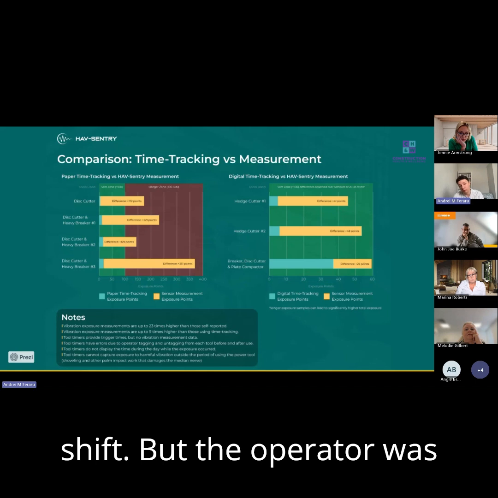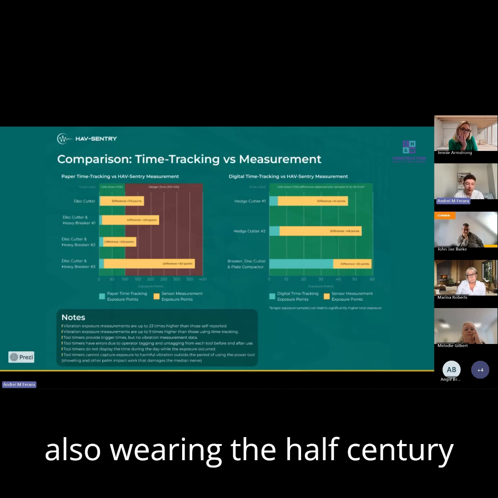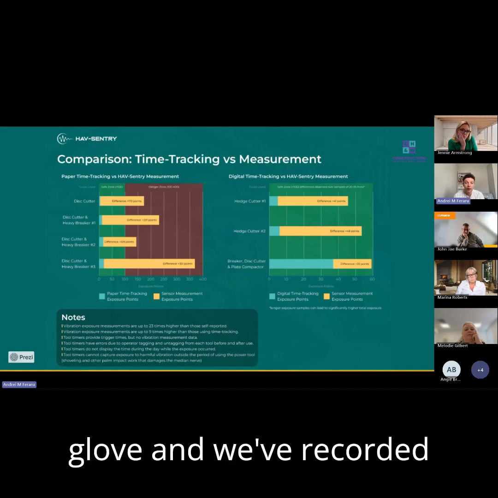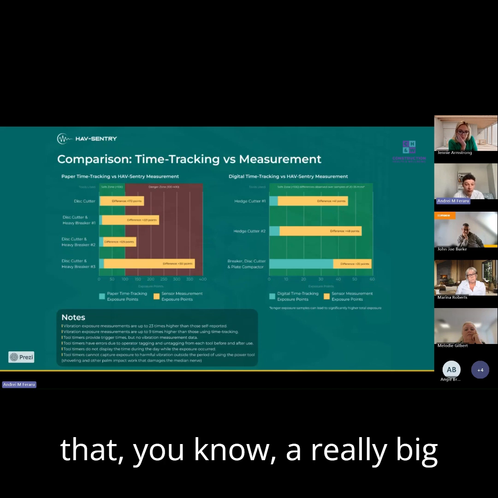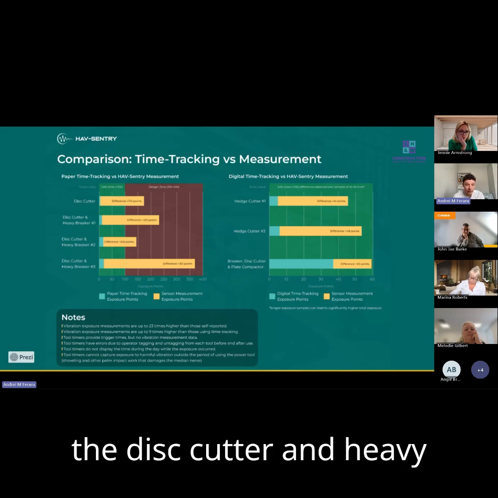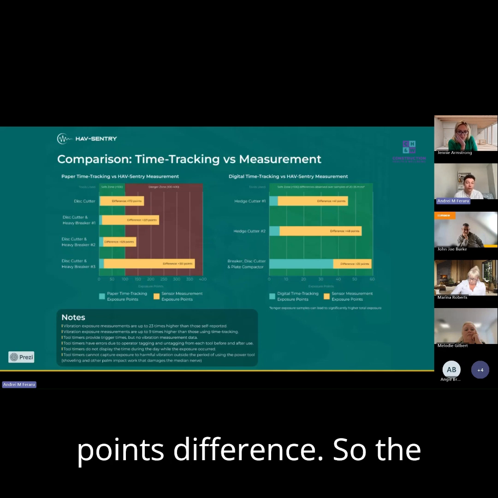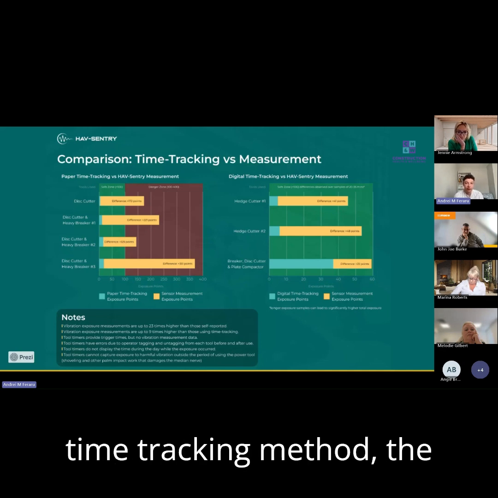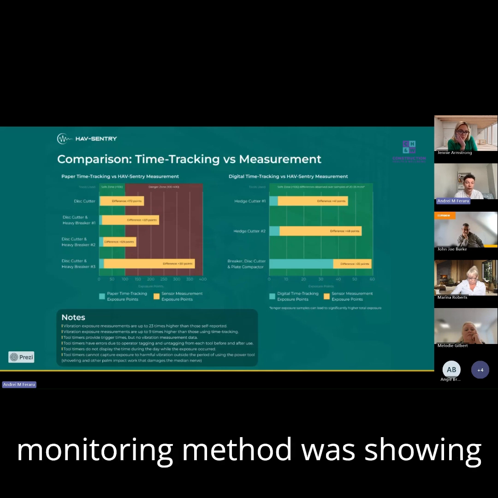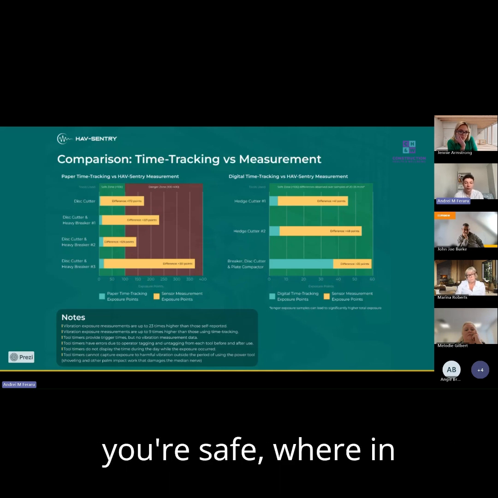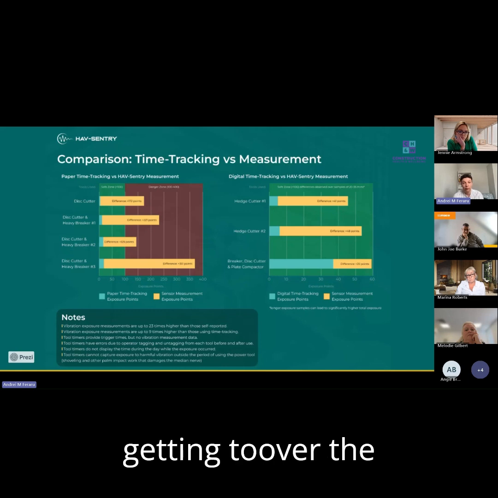But the operator was also wearing the HAVS Sentry glove, and we recorded a really big difference. For example, with the disc cutter and heavy breaker, there were 351 points difference. So the time tracking method, the monitoring method, was showing that you're actually fine, you're safe, whereas in reality you were getting over the limit value, or close to the limit value, sorry.